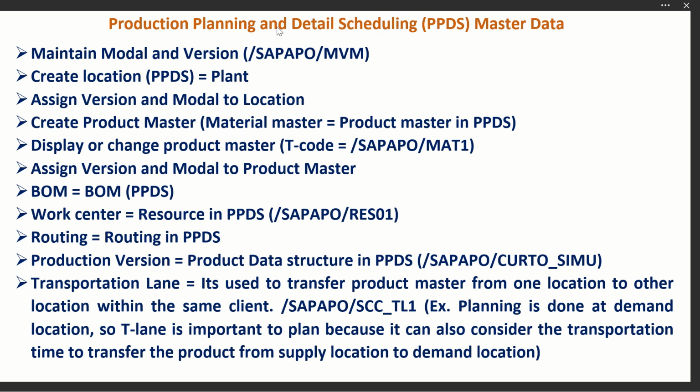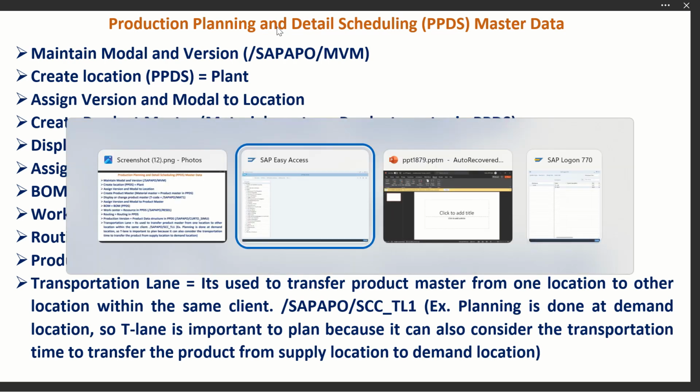These two are required to execute PPDS in any system. Model and version are standardly maintained in the system. If they are not maintained, you can also create your own model and version. Let me show you in the system how it looks.